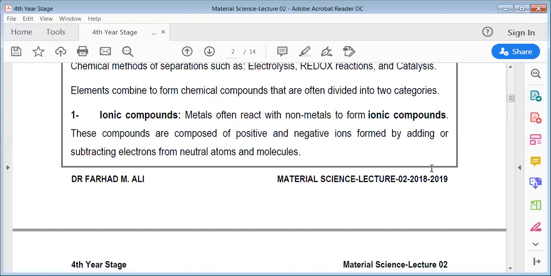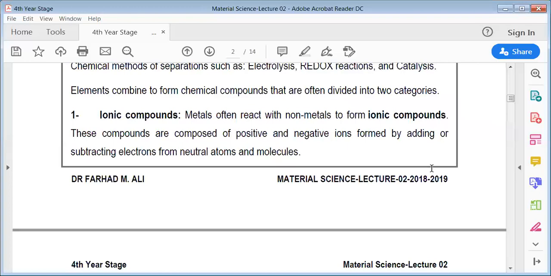So these compounds are composed of positive and negative ions. That's why we call it ionic, because it has two sides. One side is positive and the other side is negative. Because they have different electric charges, they attract each other, bonding with each other, making one compound called sodium chloride: the sodium ion, which is positive, combined with the chloride ion, which is negative.